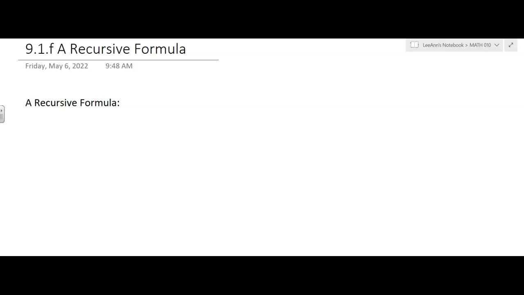Now we're going to talk about something else. To introduce this, I'm going to talk about what's called a Fibonacci sequence. So Fibonacci, I believe he was Italian, an Italian mathematician, and the sequence is named after him.